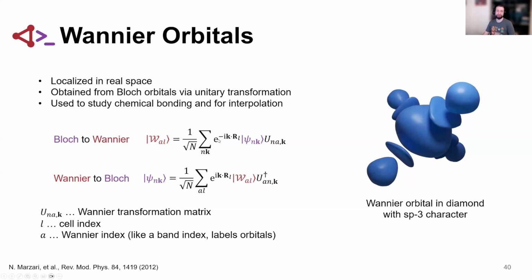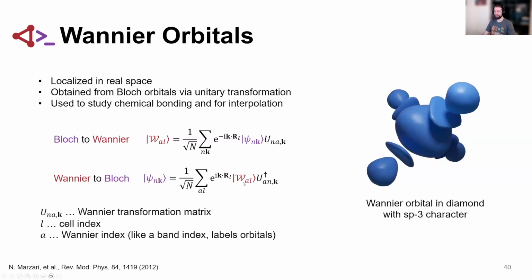So you can think of it as a generalized Fourier transformation, but you rotate all the Bloch orbitals with this Wannier transformation matrix. And then there is an inverse transform that is just exactly the same, but adjoint, essentially.